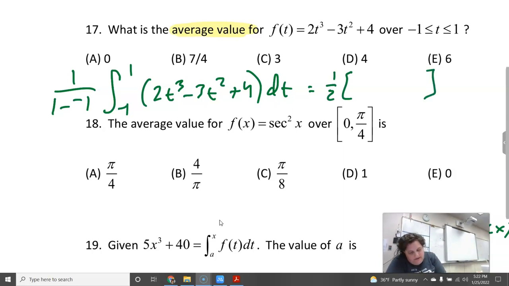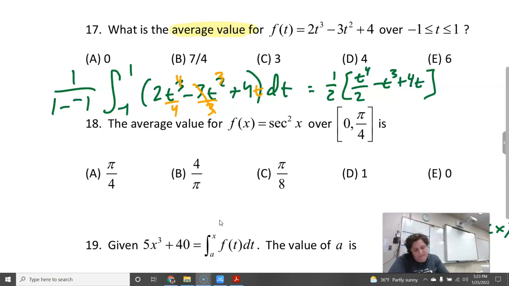Okay, I'm going to integrate this. That goes t to the 4th over 4, and that can reduce. So that's like t to the 4th over 2. That goes t to the 3rd over 3, which can reduce. So that's t to the 3rd. And then that goes 4t.